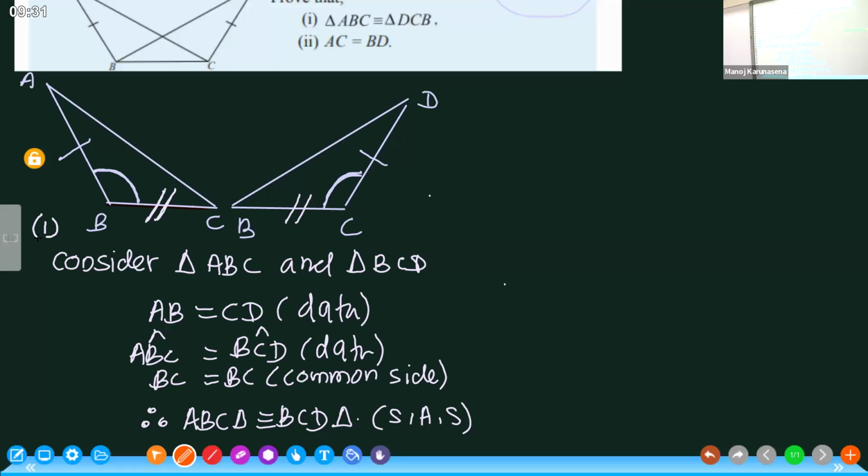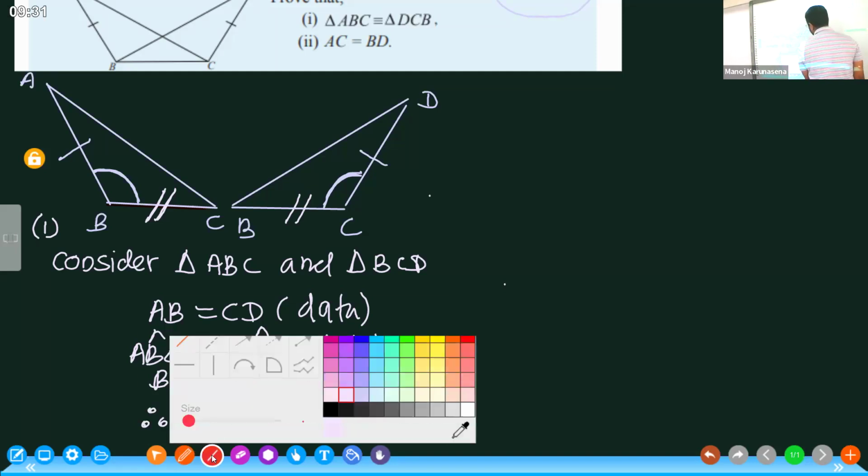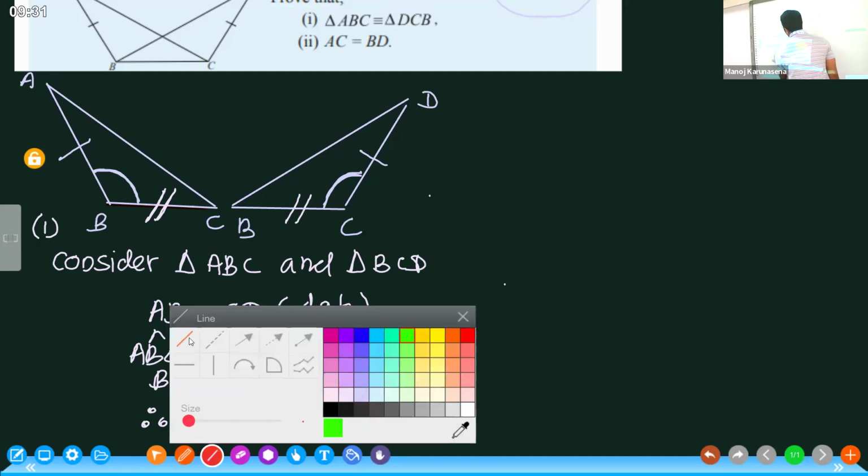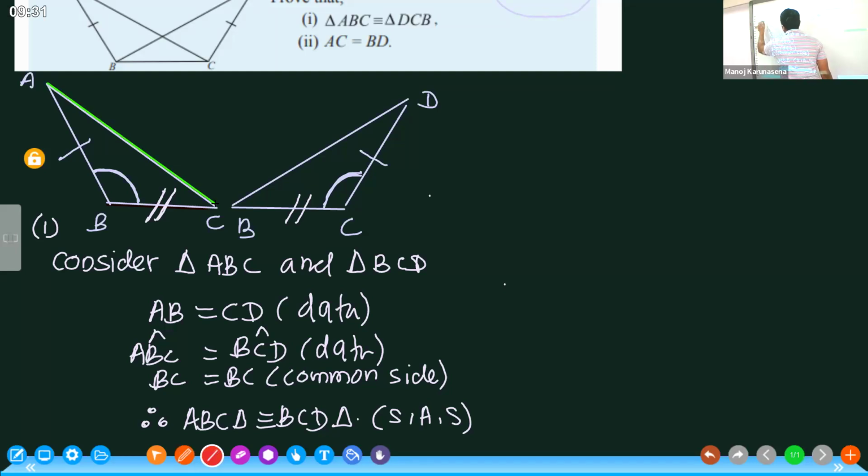Question number 2 says prove that AC side equals BD side. Here now these two triangles are congruent. The remaining side in one triangle is AC side. On the other triangle, BCD triangle, the remaining side is BD side.